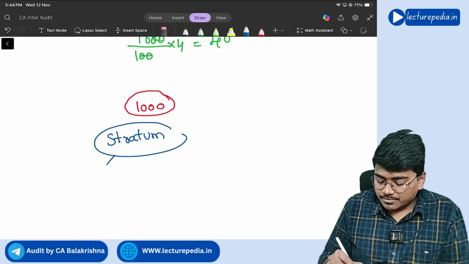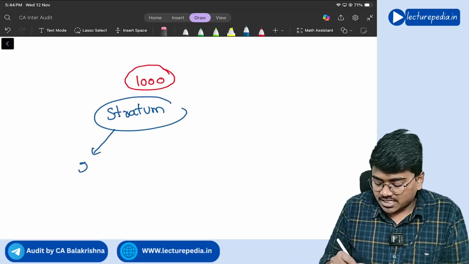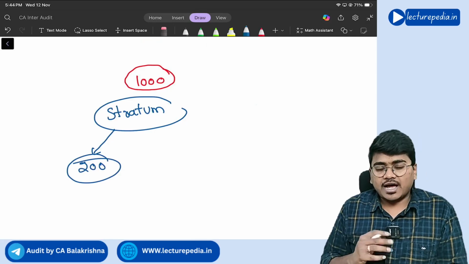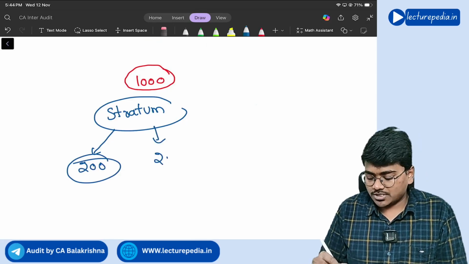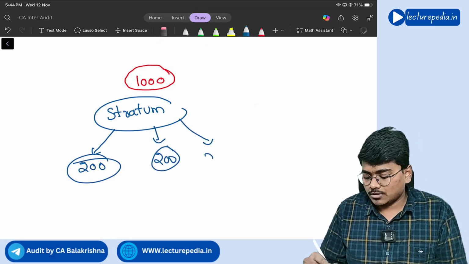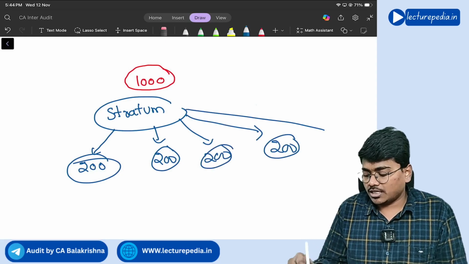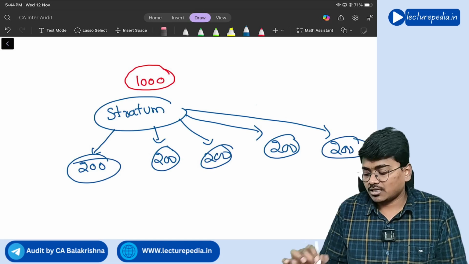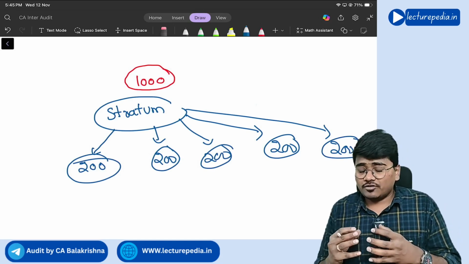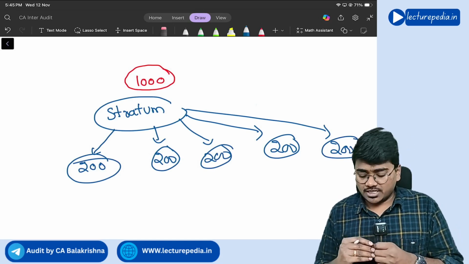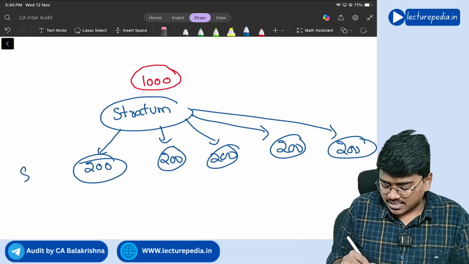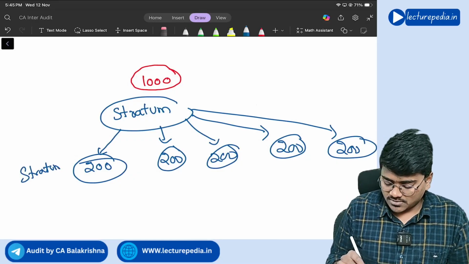Each stratum you will divide in such a way that it has 200 items: 200 items, 200 items, 200 items, and 200 items.